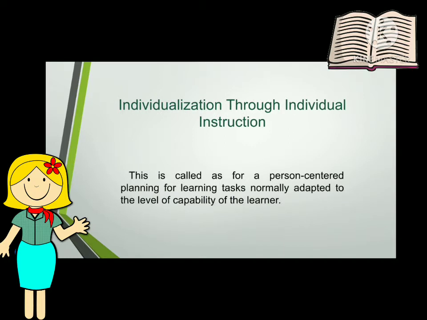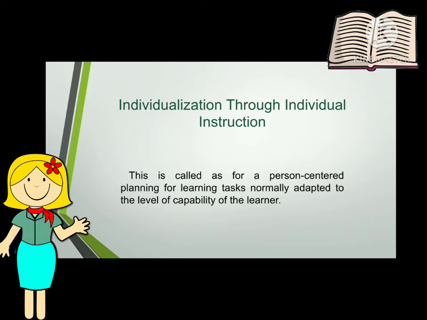Next is individualization through individual instruction. So this is called person-centered planning for learning tasks normally adapted to the level of capability of the learner. So the class is usually limited in number to provide for close monitoring by the teacher who acts as a facilitator.